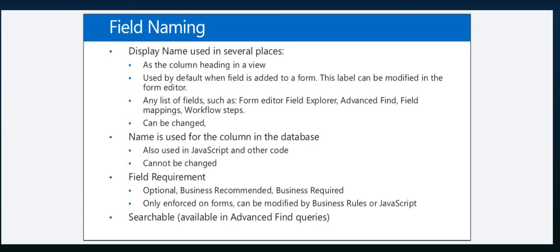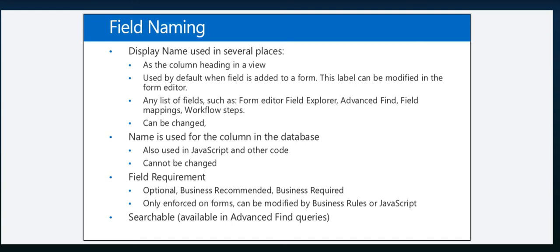Any list, advanced find, form editor, wherever you're working with it, workflow steps, refer to this field under this name, the display name. You can change it, but keep in mind to keep it clear and concise if possible. The name is also used for the column in the database, so you can also refer to it by script. That is the schema name, and you cannot change that afterwards.